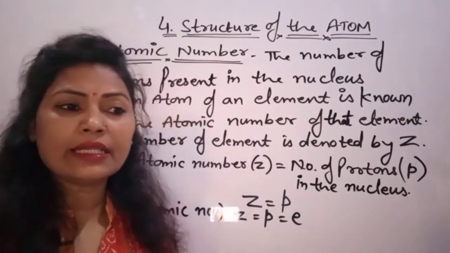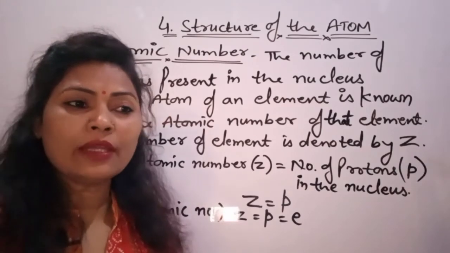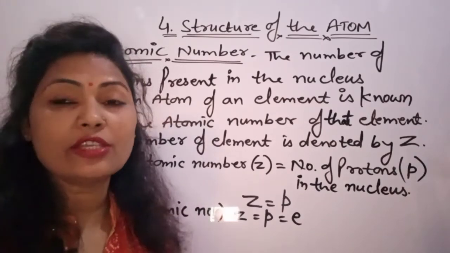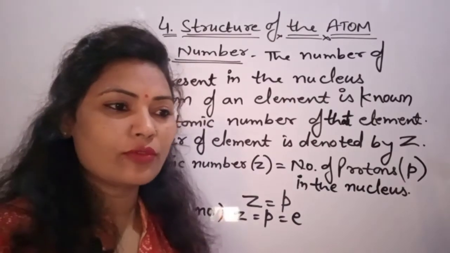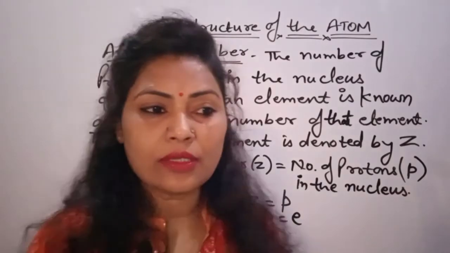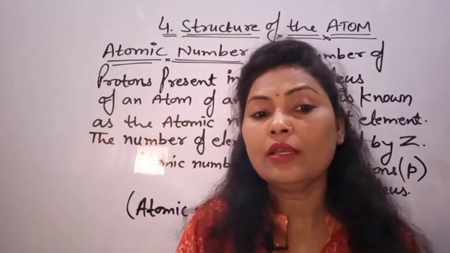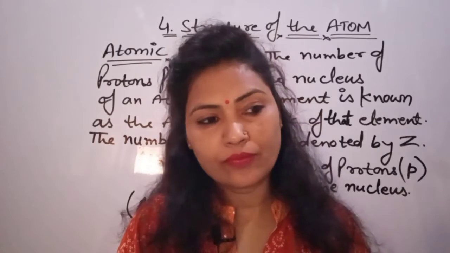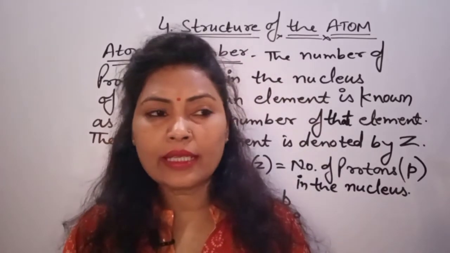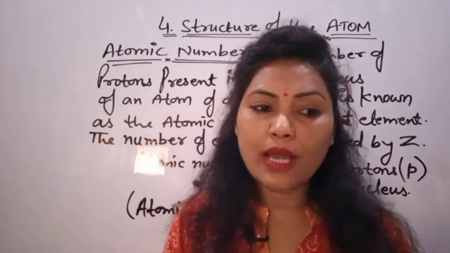And the last characteristic is that the atomic number of an element does not change during a chemical reaction. The number of electrons in an atom may change during a chemical reaction, but the number of protons remains the same. Now the next topic we can take is mass number.